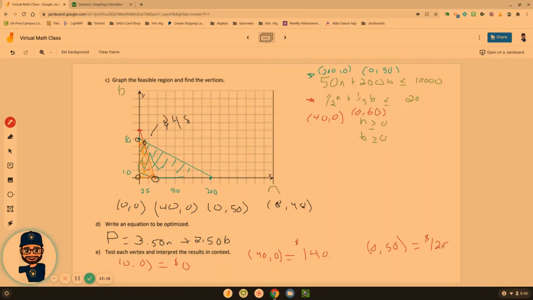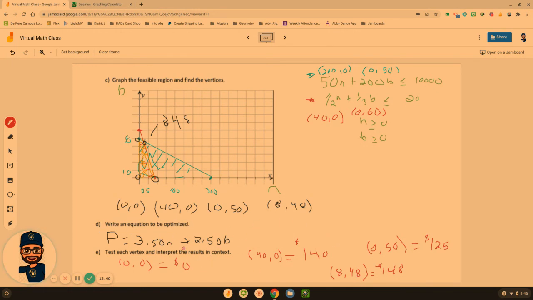And last but not least, that vertex, 8, 48. 8 necklaces and 48 bracelets would give them a profit of $148. And again, we're just plugging the first number in for n, the second number in for b, and evaluating this equation.